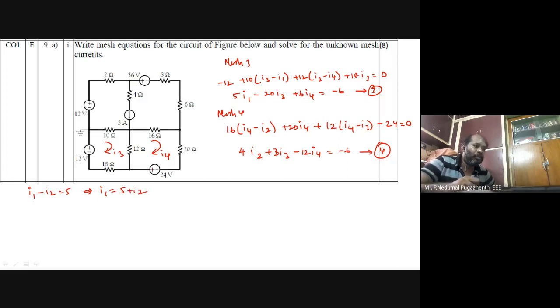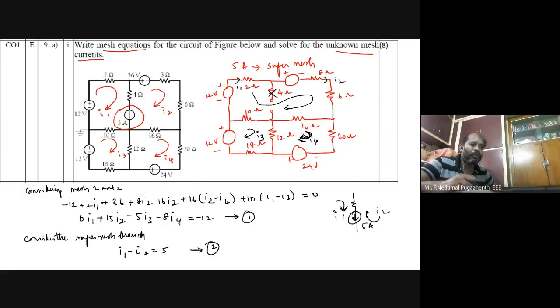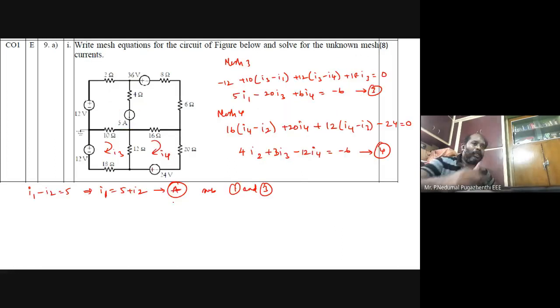Let us say this is equation A. I will substitute this in equations 1 and 3, because equation 1 has four terms, I1, I2, I3, I4, and the third equation has I1, I3, I4 and no I2. The fourth equation has only three terms, I2, I3 and I4.